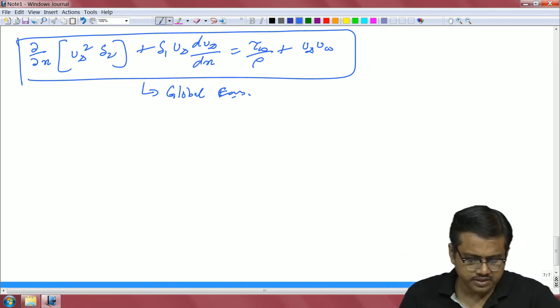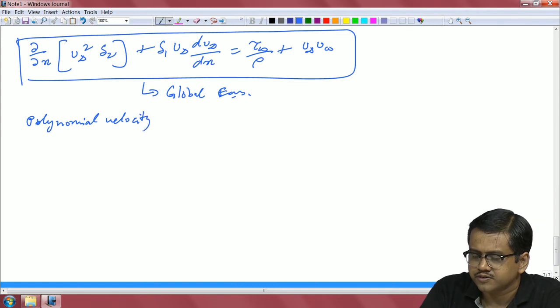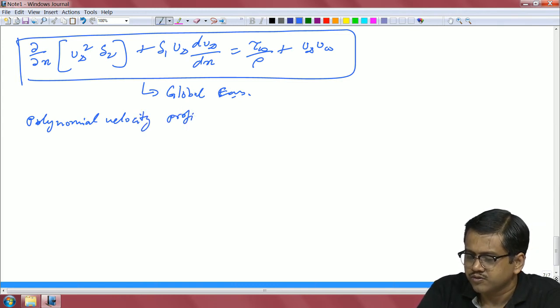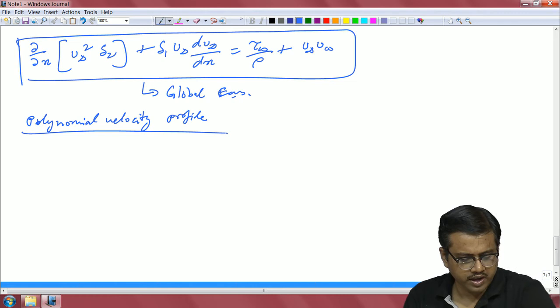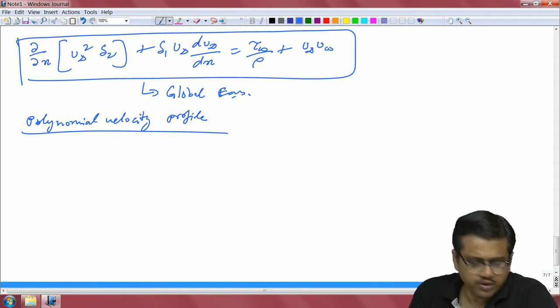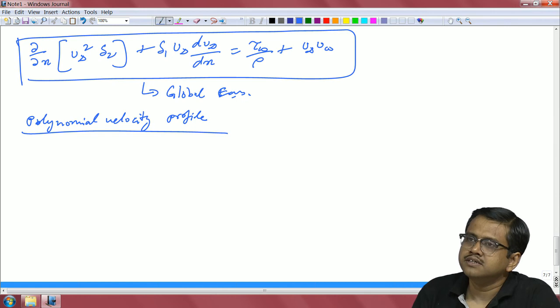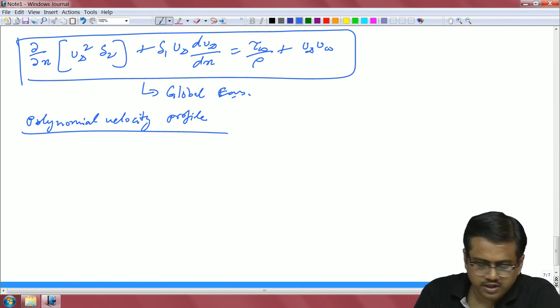So, let us assume a polynomial velocity profile. Why a polynomial velocity profile? Because it should be able to satisfy the boundary conditions that are at hand, and a polynomial can represent, without any kink, the boundary layer velocity profile.